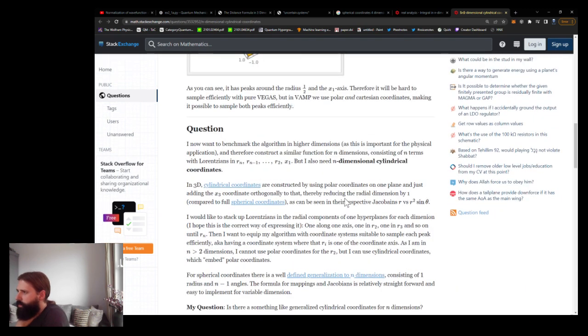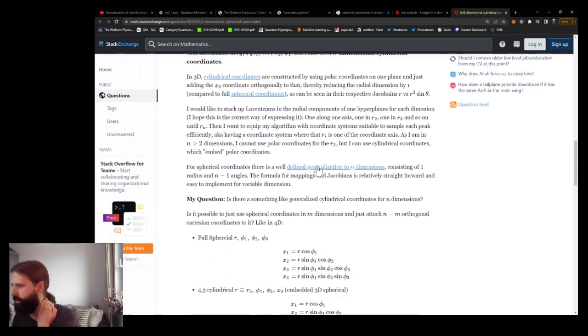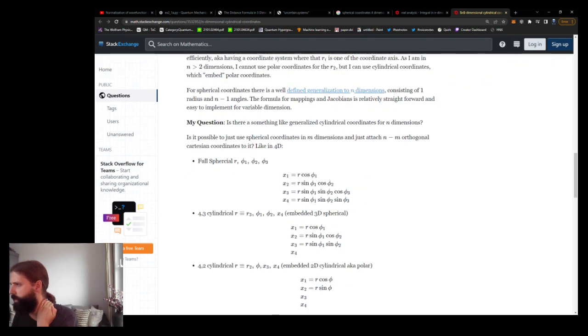Question. For n dimensions, n terms with Lorentzians, but I also need n-dimensional cylindrical coordinates in 3D. Okay, so is there anything, that's what I'm interested in, generalized cylindrical coordinates for n dimensions? Is it possible to just use spherical coordinates in n dimensions and just attach n orthogonal Cartesian coordinates to it, like in 4D?